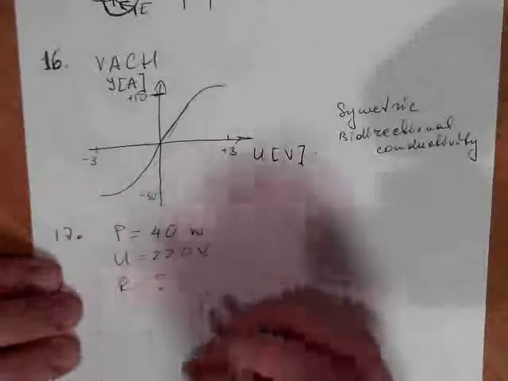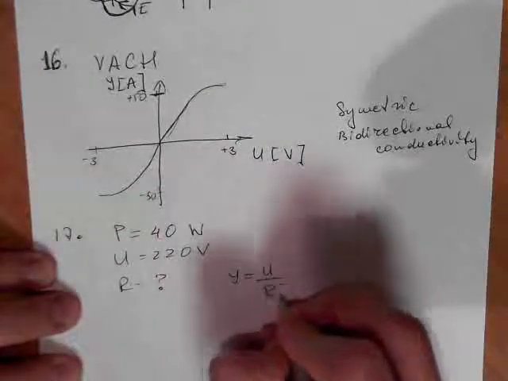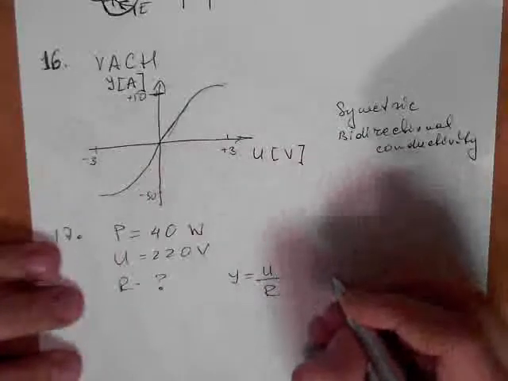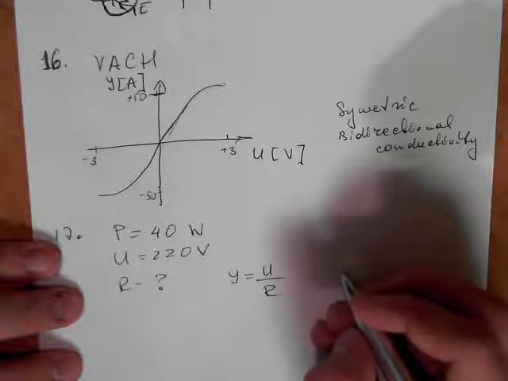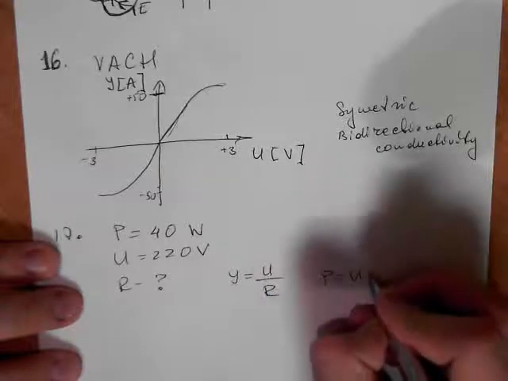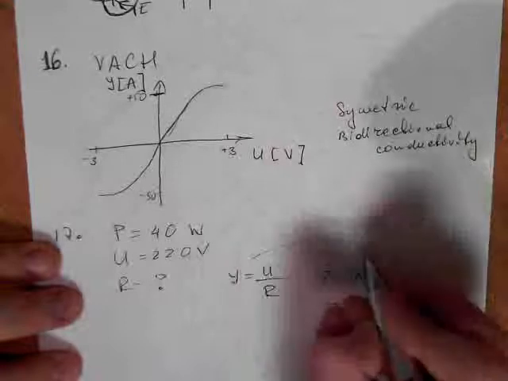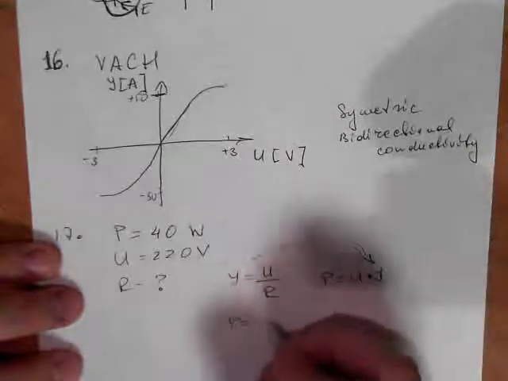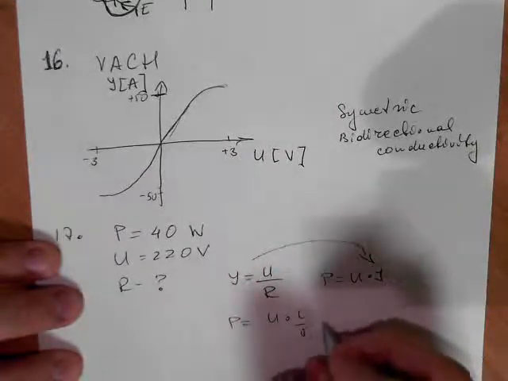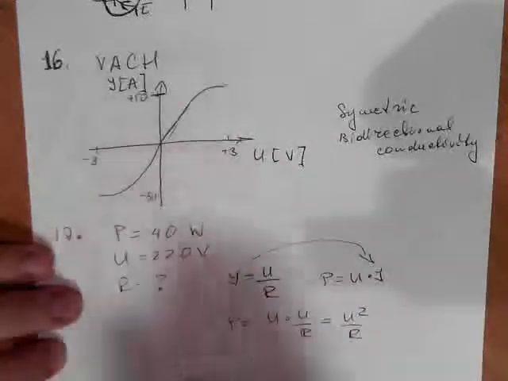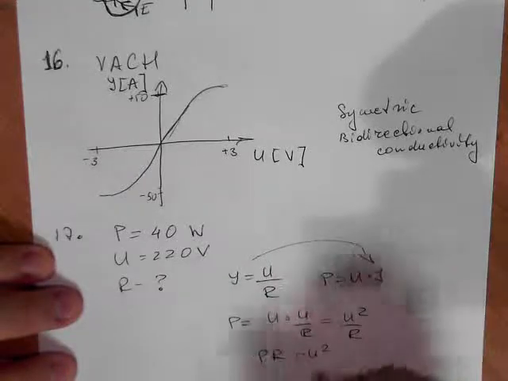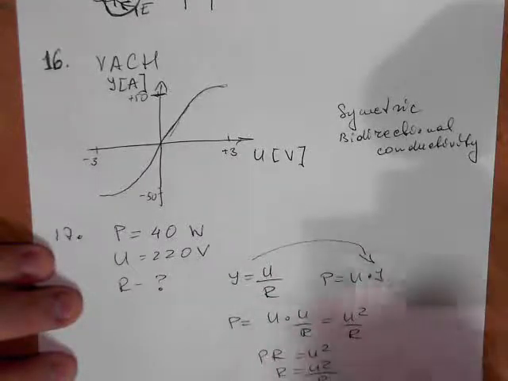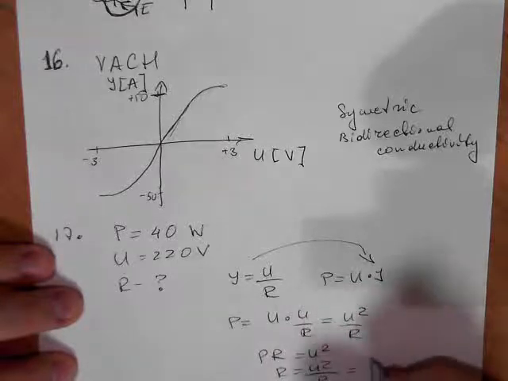You know Ohm's law, and you know that P is U times I. You put this here and you get that P is U times U divided by R, so P is U squared over R, and PR is U squared and R is U squared divided by P. You get 220 squared divided by 40.